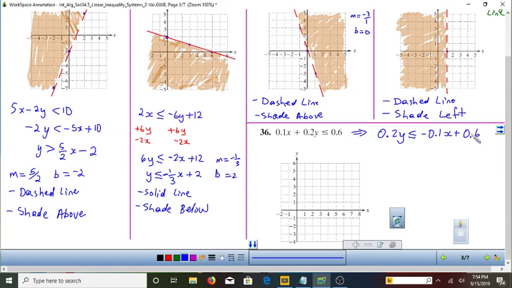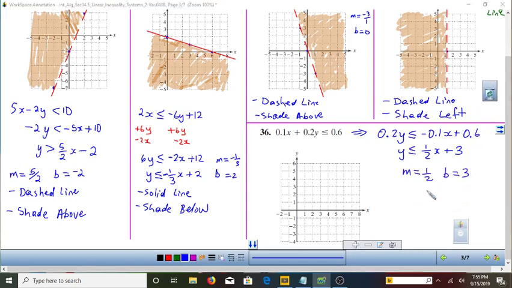And then we divide by 0.2, and when we divide both sides by 0.2, since we're dividing by a positive, we keep the inequality. Negative 0.1 divided by 0.2 is one half, and 0.6 divided by 0.2 is 3, and there we go. So then we have slope is 1 over 2 and y-intercept is 3.